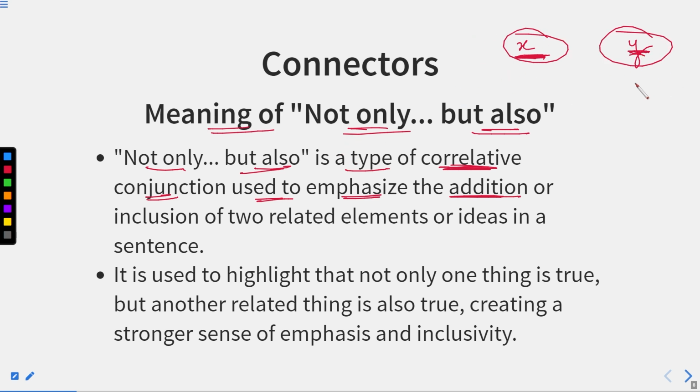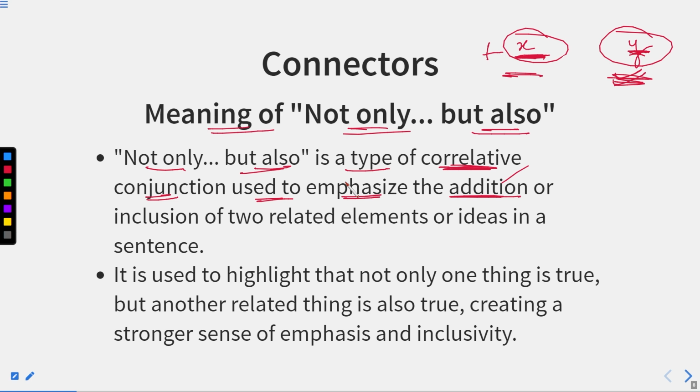It means you are showing me the importance of this medicine as well. It means this will not work alone; in fact, this is also a requirement. Or maybe these two can be substituted because both are equally important. Maybe I do not have this at one time and I'll have this at another time. So that shows the importance of another thing, and that is emphasizing the second option as well. So not only this but also that is equally important.